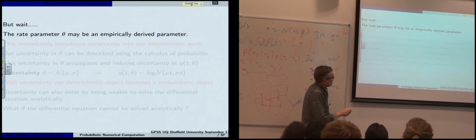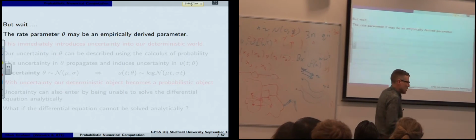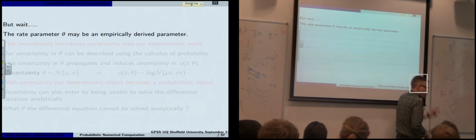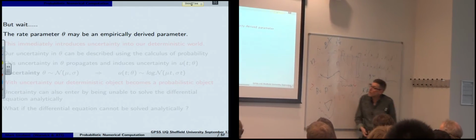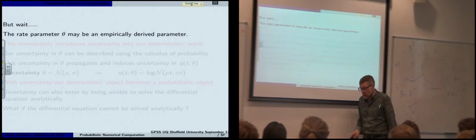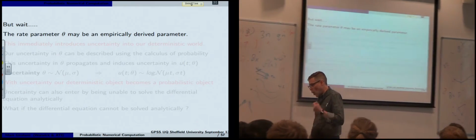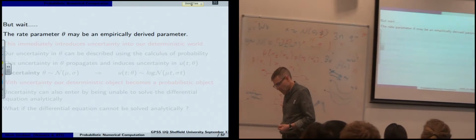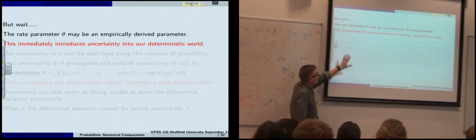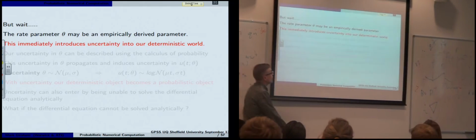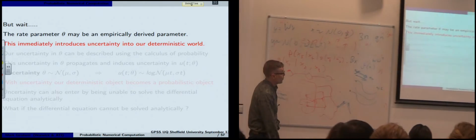And it typically would be empirically derived. It's something that would be derived from experimental observation. Now, it turns out, of course, that as soon as we rely on measurements of some description, that immediately is going to introduce uncertainty into our little deterministic world.